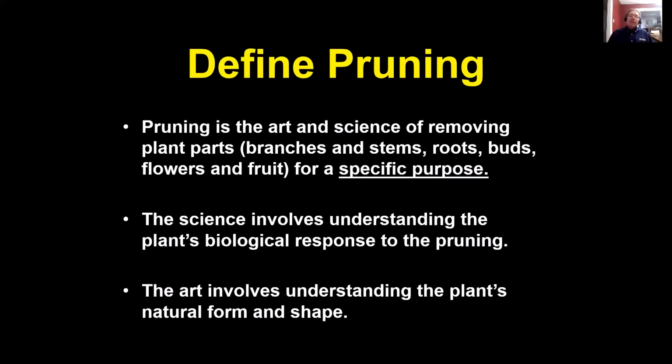The art piece of it is understanding the plant's natural form and shape. I mean, we could take any plant, I guess, and turn it into a box or a ball. And I see that with shrubs all the time. But what we really want to understand, how should this plant look? So I'll give you an example. In the Northeast, and they just flowered, Forsythia. Forsythia are a large cascading plant, can get 15 by 15 feet, and they sort of droop.